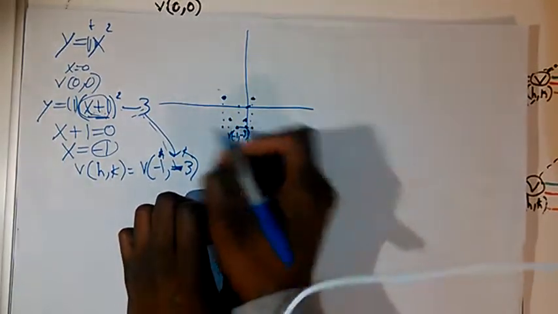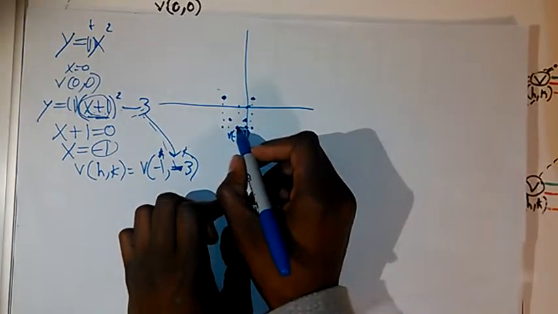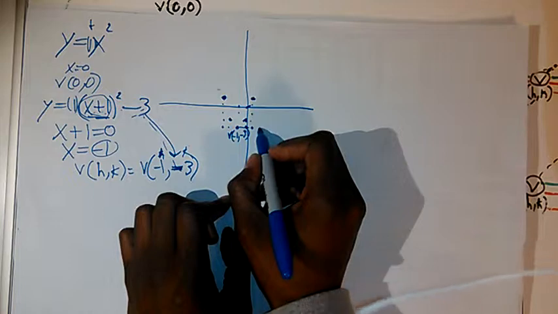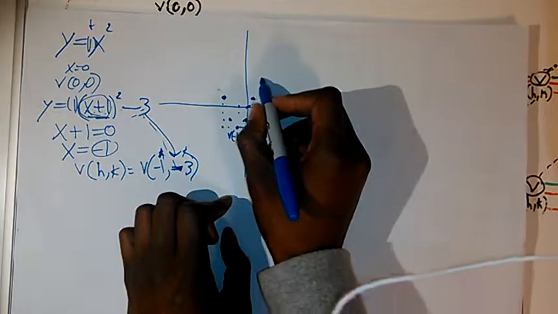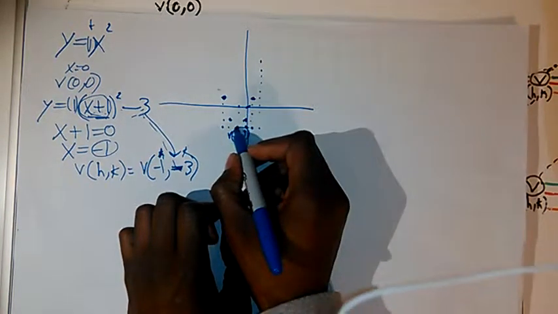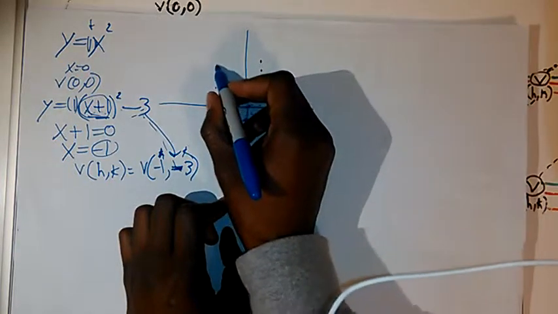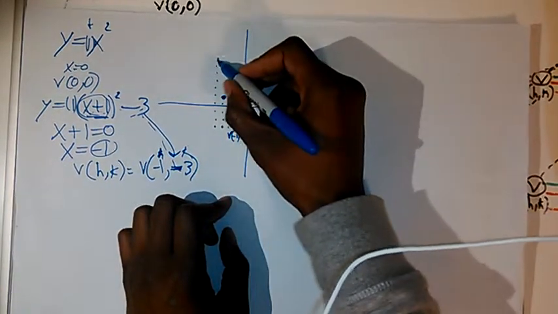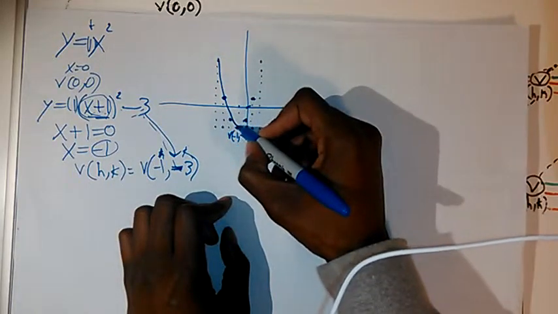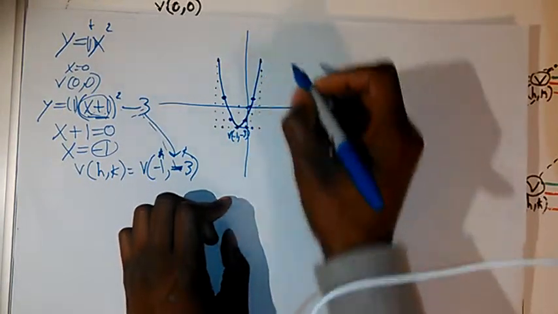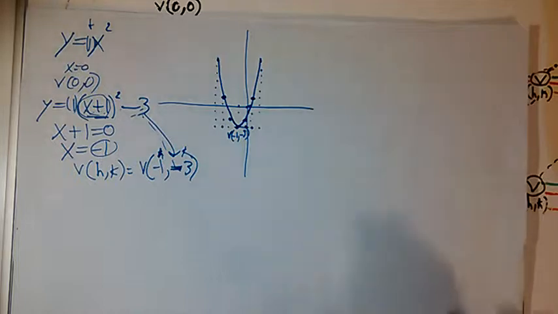Right? Let's keep going. We can go over 3 times, same thing. 1, 2, 3. You go up 9. 1, 2, 3, 4, 5, 6, 7, 8, 9. Same thing with the left side. 1, 2, 3. 1, 2, 3, 4, 5, 6, 7, 8, 9. And we can just draw a curve, and we're done.